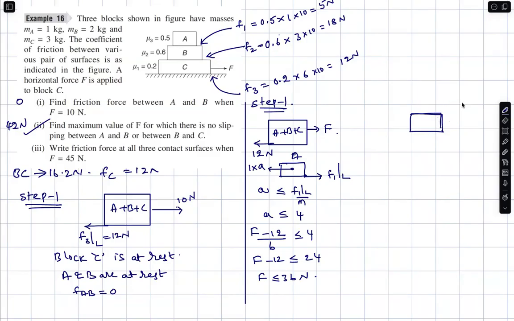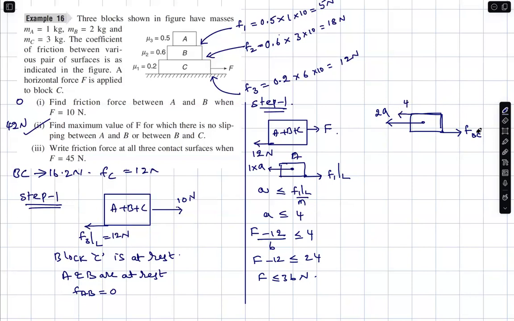Now we need to study a situation where the pseudo force of B is 2 into some acceleration A. The problem is that friction across BC is the criterion for the motion of B as well as A. Remember, when you are exerting action over here, the reaction is over here.